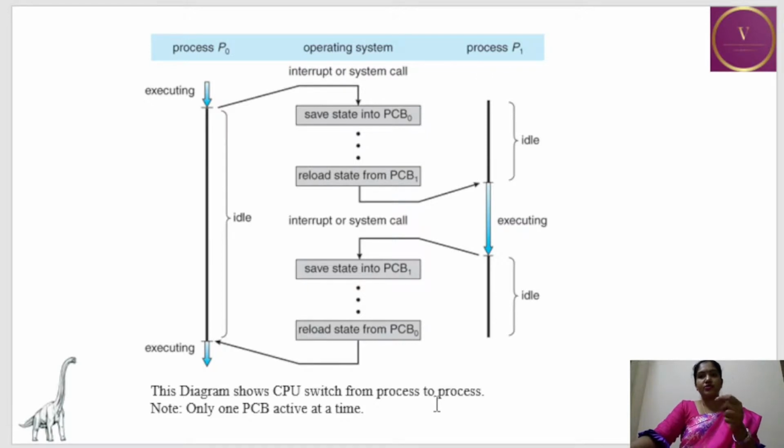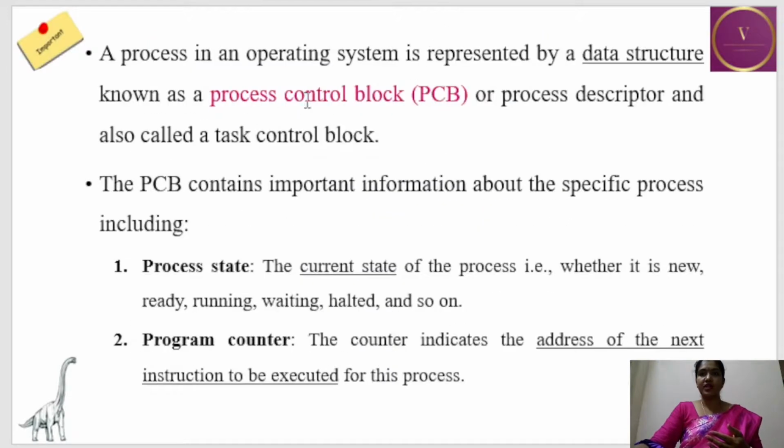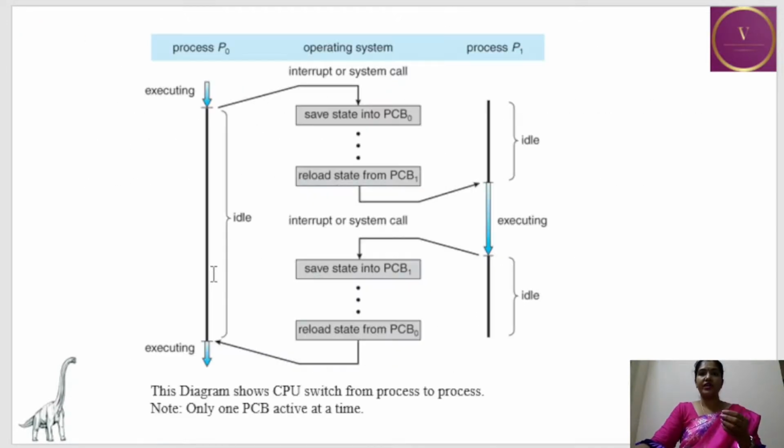So this diagram shows the CPU switch from process to process. The program counter has the information about the next instruction to be executed, whereas the CPU registers will have the information about the process.